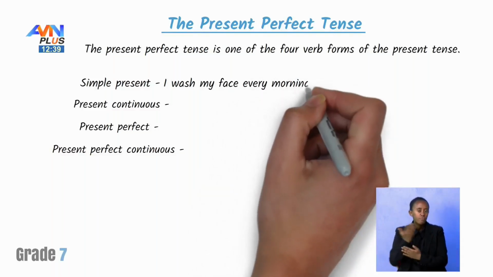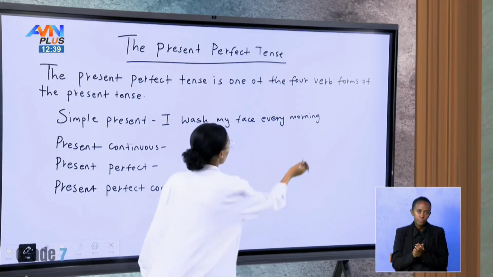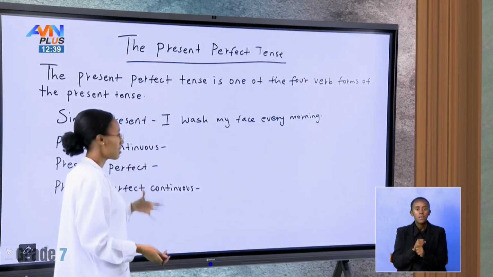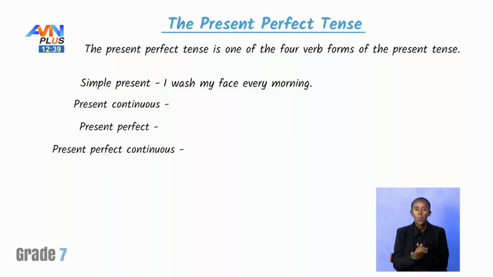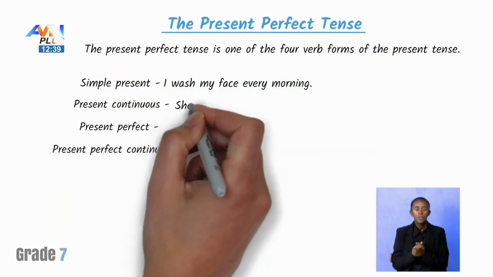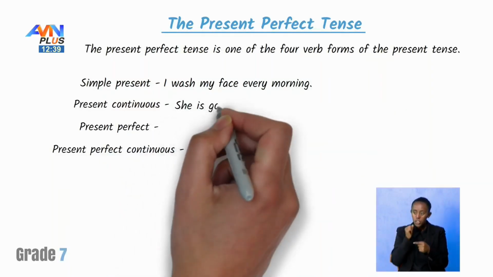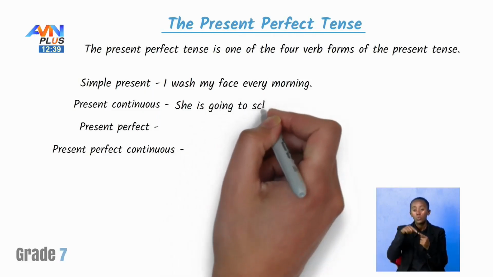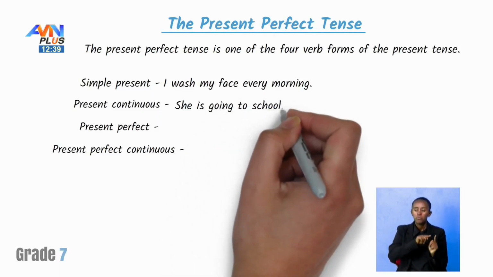A habitual action, things that we do repeatedly. What about the present continuous? She is going to school. She's going to school. Is going here.